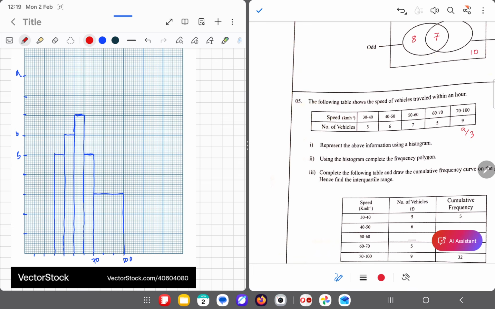Next part is what? Using the histogram, complete the frequency polygon.